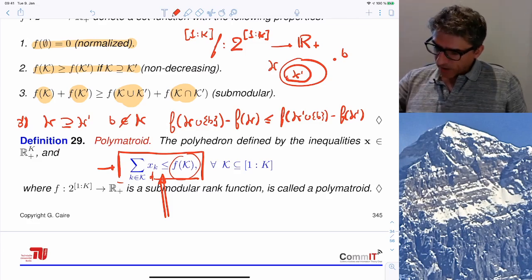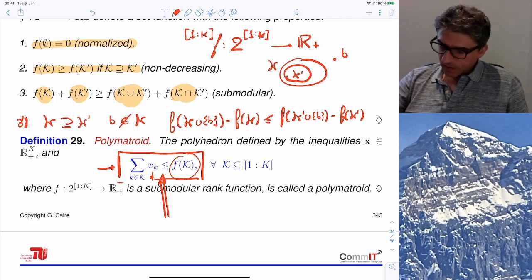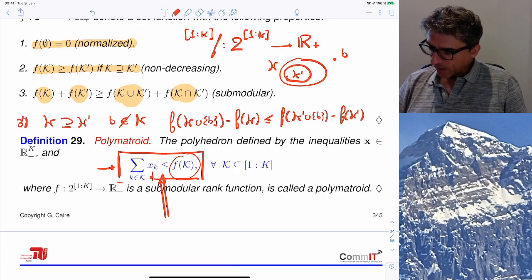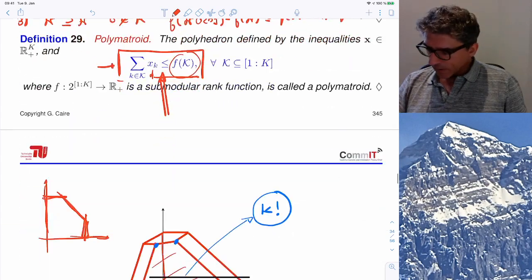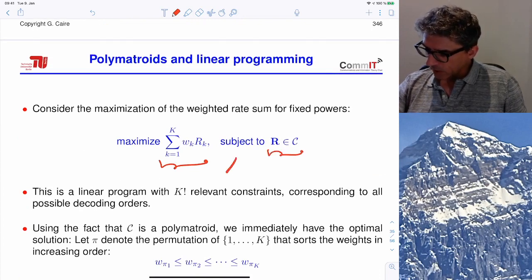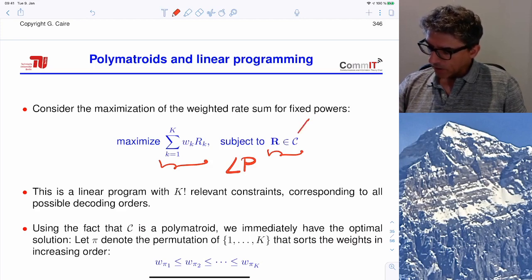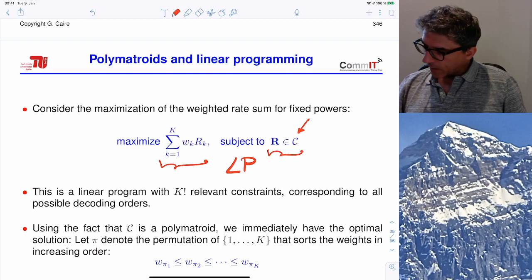Each half space is defined by a hyperplane of the form sum over the x's equal to f of k. And so we have a set of linear inequalities, and we have to maximize a linear function, because this is a linear function of the rates. So this is a linear program. Linear programs are easy, but as we know, this is complicated because it has an exponential number of constraints.